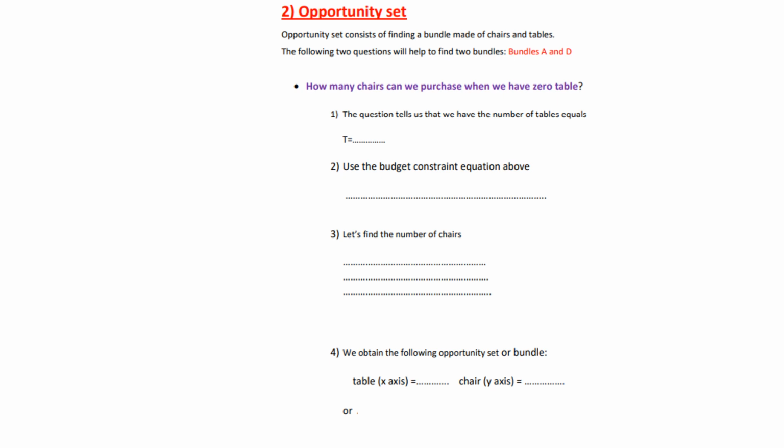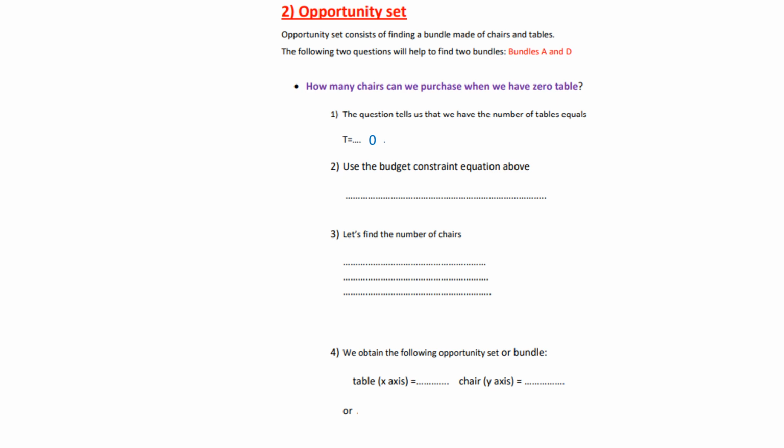We can now use the budget constraint equation to determine opportunity sets. Here we can begin by asking the question, which is how many chairs can we purchase when we have zero table? From that question, we can determine that T equal 0 because there's no purchase of table.